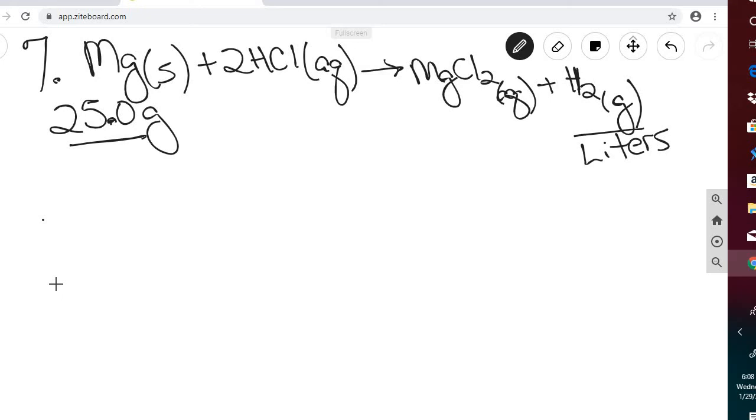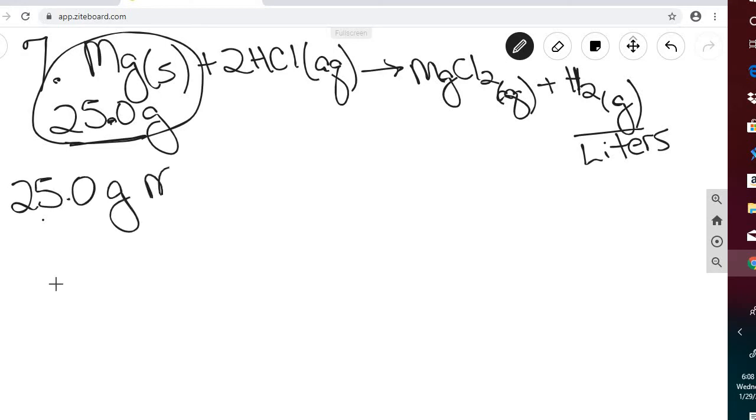Okay, so remember that for stoichiometry we need to have everything in moles. So we need to change these grams of magnesium to moles of magnesium. And then from there we can take the steps that we need to ultimately determine how many liters of hydrogen gas would be produced in this reaction. So we have 25 grams of magnesium.